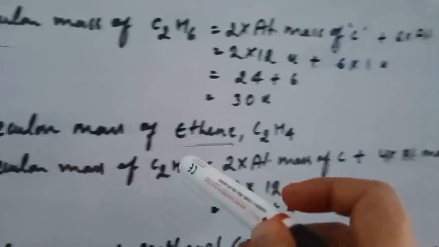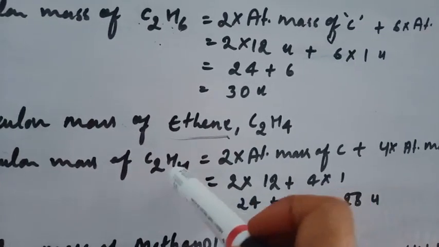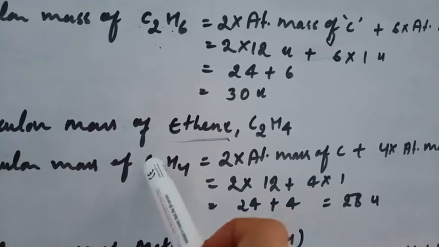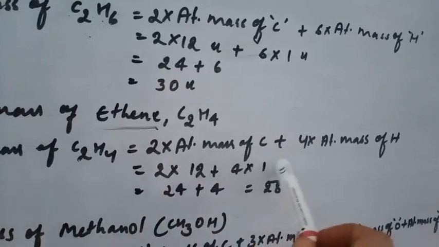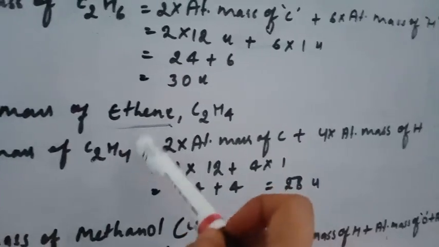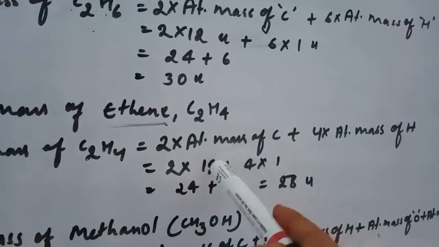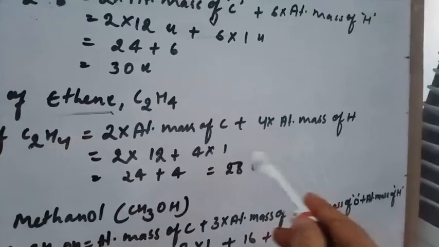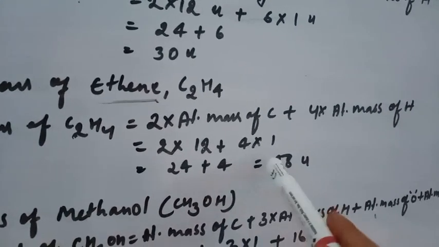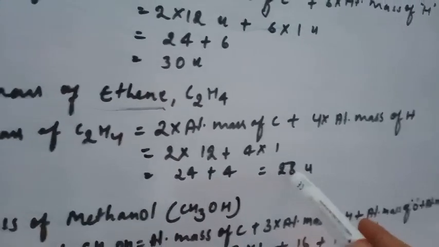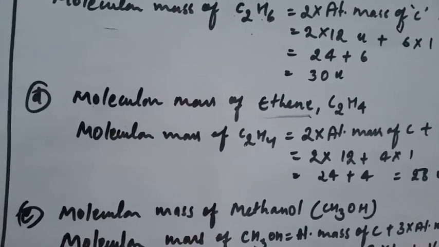To find the molecular mass of ethene, we'll write 2 into atomic mass of carbon plus 4 into atomic mass of hydrogen. So 2 into 12 plus 4 into 1U. Overall we are getting 24 plus 4, which is 28U. So the molecular mass of ethene is 28U.